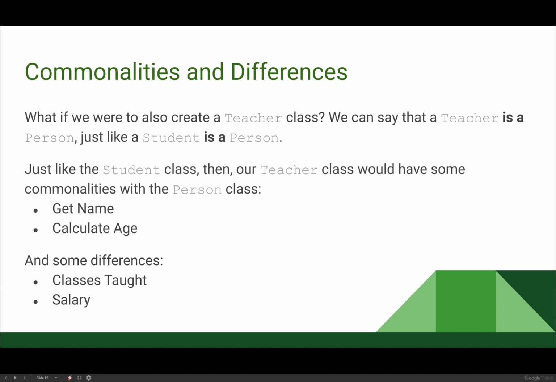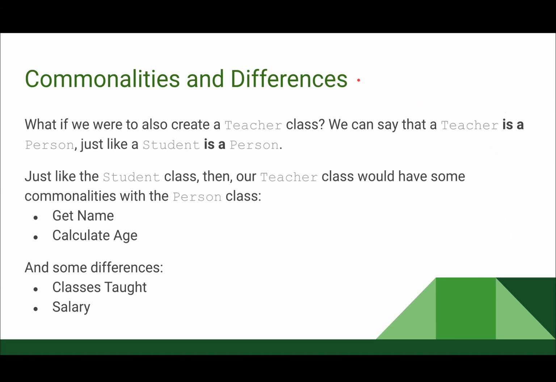Now, what if we made a teacher class as well? A teacher is also a person, just like a student is a person. And just like the student class, our teacher class would have some commonalities with our person class. Both the teacher and the person should be able to get their name and calculate their age.